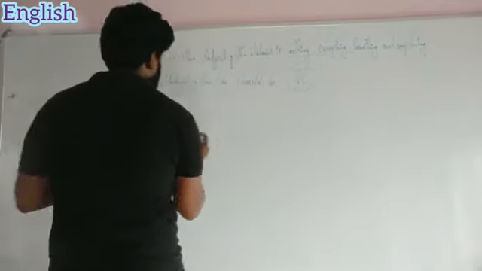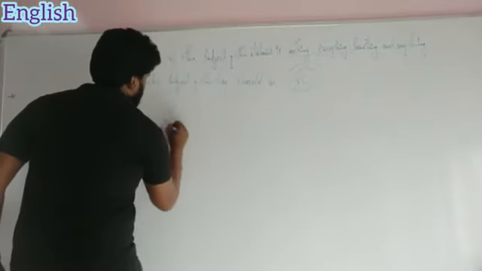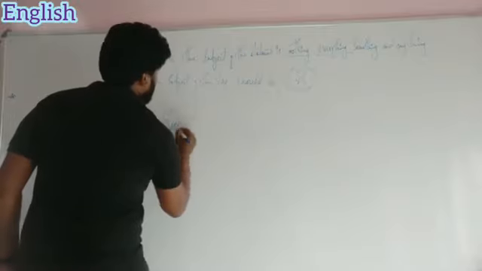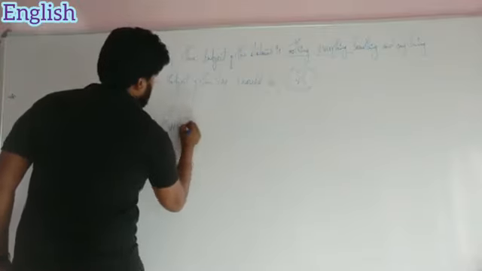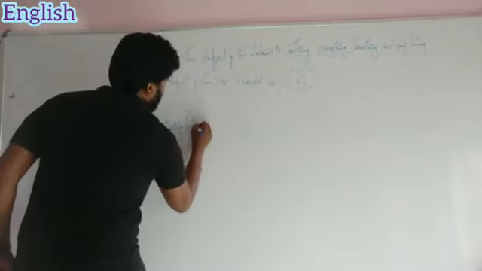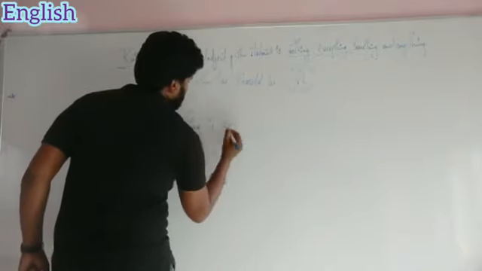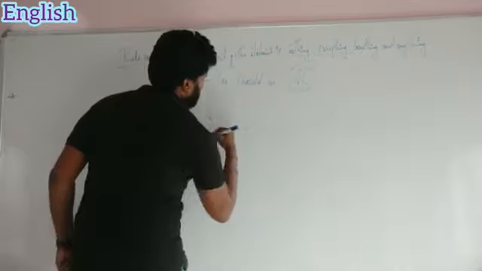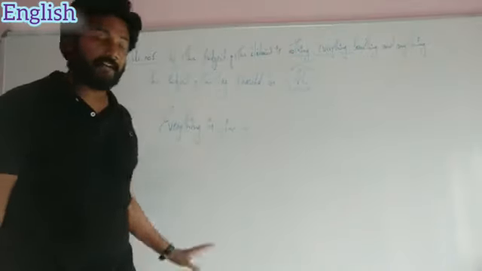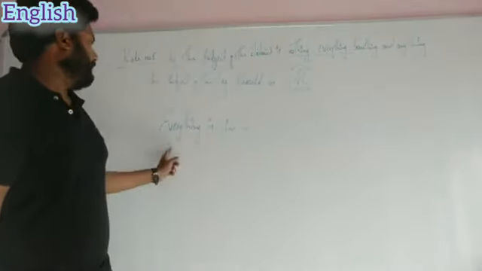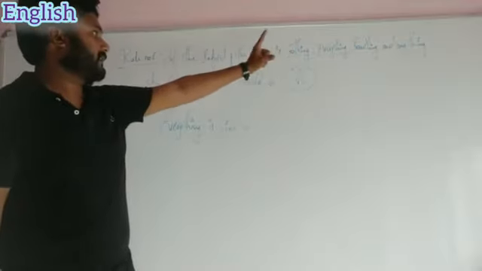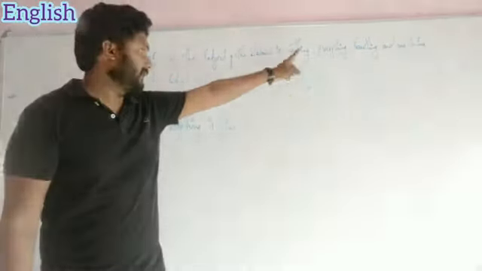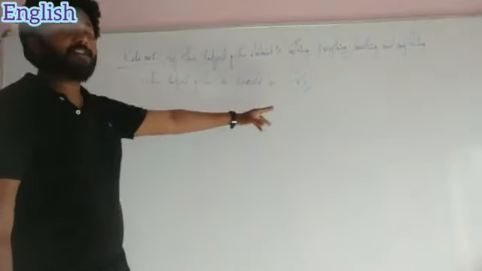Let's see some examples. Everything is fine. See, as I said, the statement is in a positive way. If there are words like nothing, everything, something, anything, the subject should be it.